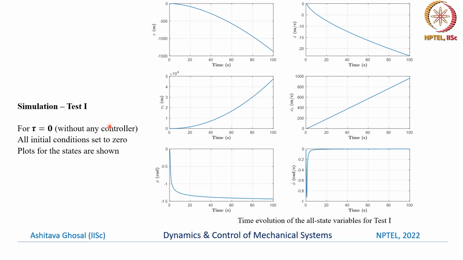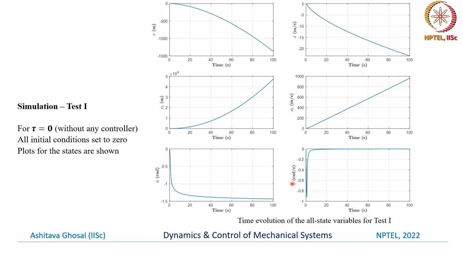As you can see, without a torque or without any controller, x will continue to increase. x dot will also increase. xb will also increase with time. And the angle phi, which is the tilt angle of the platform, will also increase with time. It will go to some value, approximately 1.4.